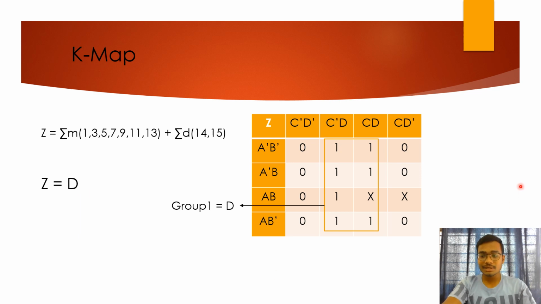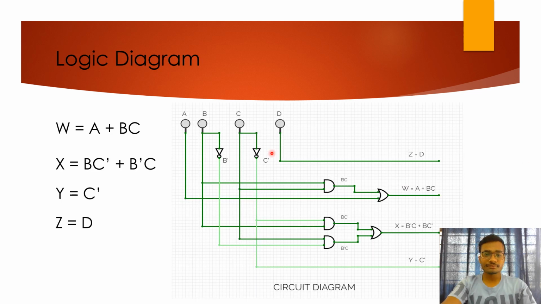So now let us see the circuit, that is the Boolean logic circuit for these outputs W, X, Y, and Z with respect to the 4 inputs A, B, C, and D. So for the logic diagram, we are having 4 outputs as a combination of inputs: W equal to A plus BC, X equal to BC bar plus B bar C, Y equal to C bar, and Z equal to D. So I'm having the 4 inputs A, B, C, and D, and then I need a NOT gate to represent C bar and B bar, right?